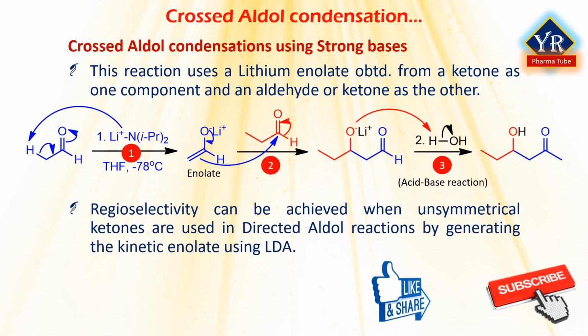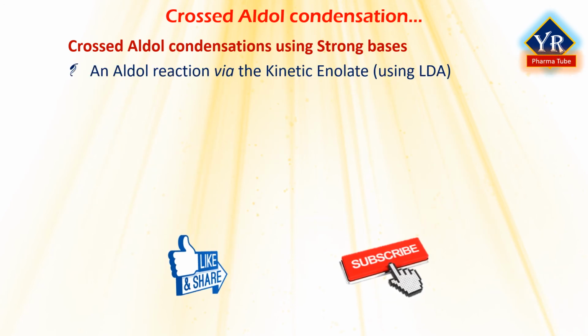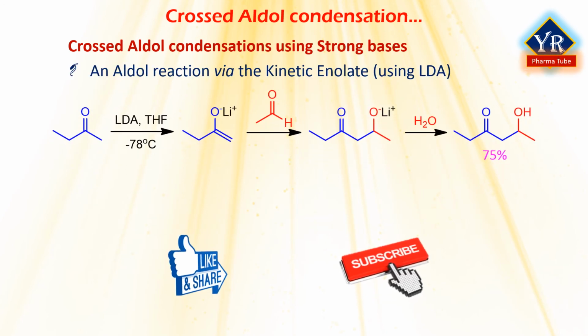Regioselectivity can be achieved when unsymmetrical ketones are used in directed aldol reactions by generating the kinetic enolate using lithium diisopropylamide. This ensures production of the enolate in which the proton has been removed from the less substituted alpha carbon. For example, an aldol reaction via the kinetic enolate using LDA results in a single crossed aldol product.